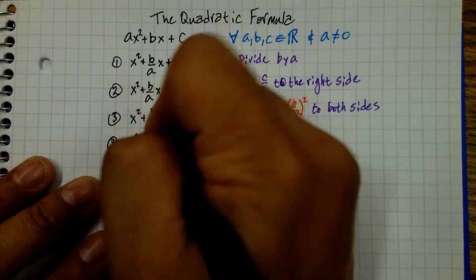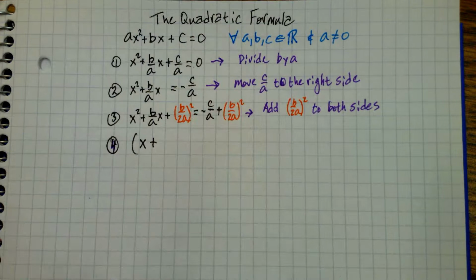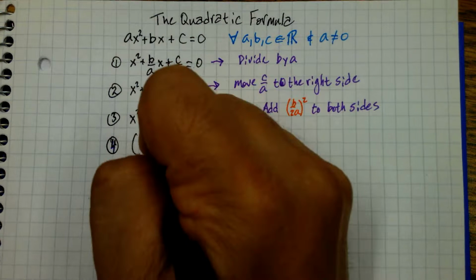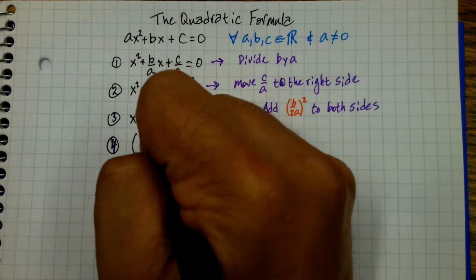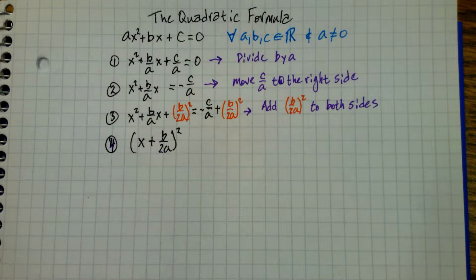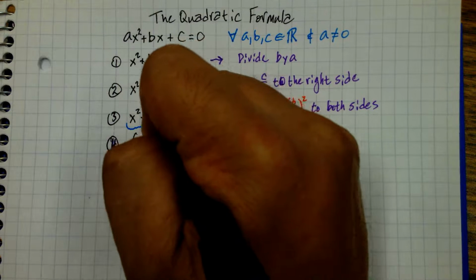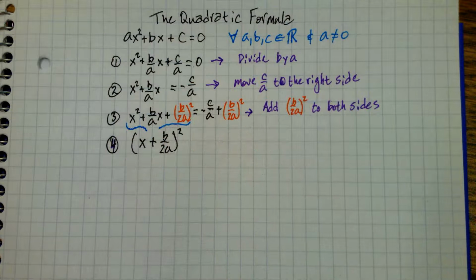It's going to be x plus b over 2a squared. So all of this became this. Okay. And then on the other side, we still have the negative c over a, all of this stuff. Okay. So let's just go ahead and write that down.